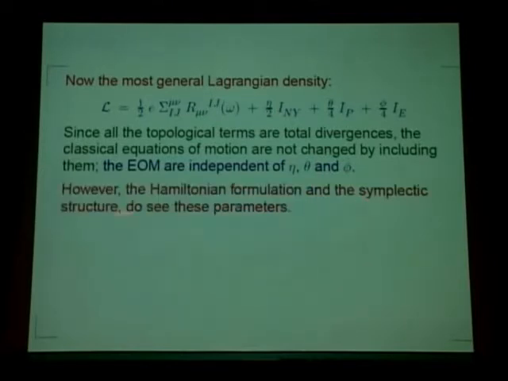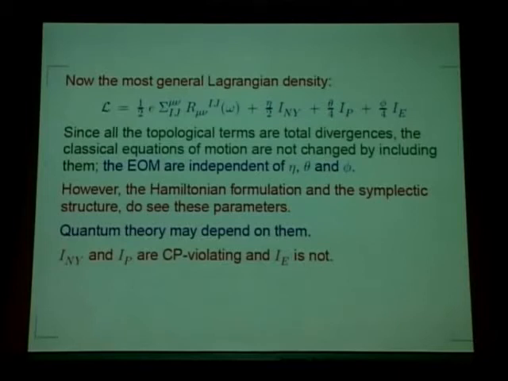However, the Hamiltonian formulation and the symplectic structure do see these parameters. So the quantum theory may depend on them. And like we said earlier, the Nieh-Yan density and the Pontryagin density are CP violating, whereas the Euler density is not.